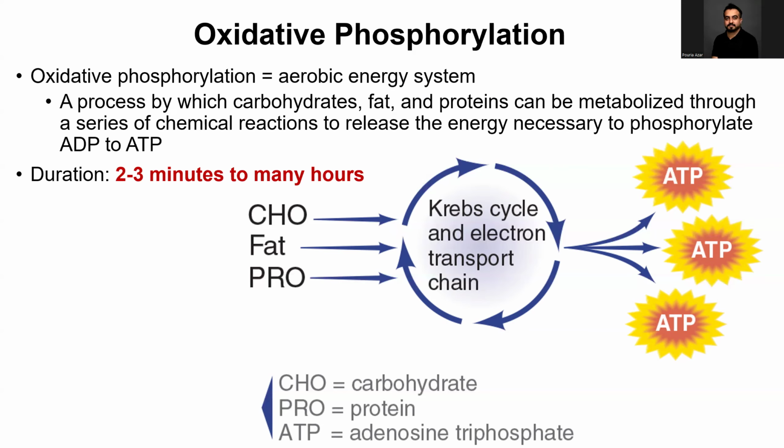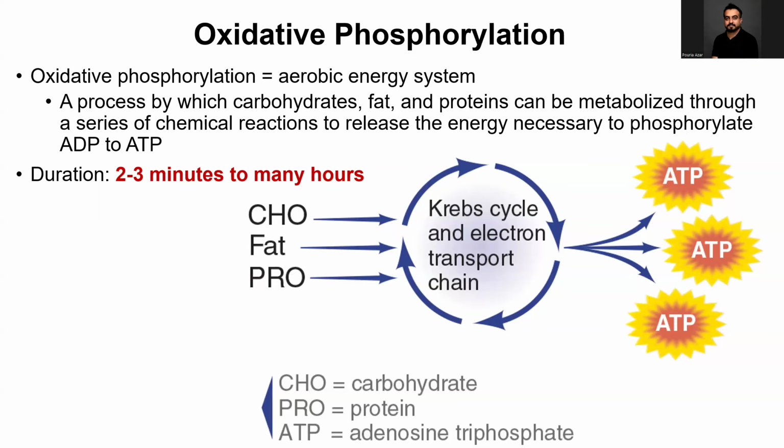And one reason why it takes time is that we have so many chemical steps and reactions in oxidative phosphorylation. Remember, creatine phosphate had only one chemical step, and glycolysis was 18 chemical steps.